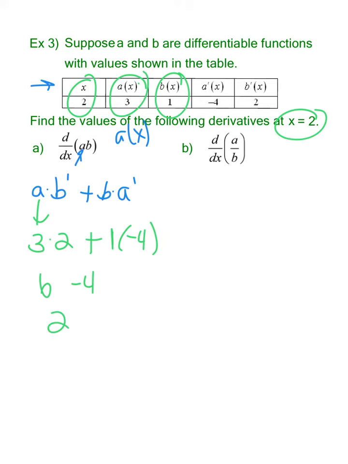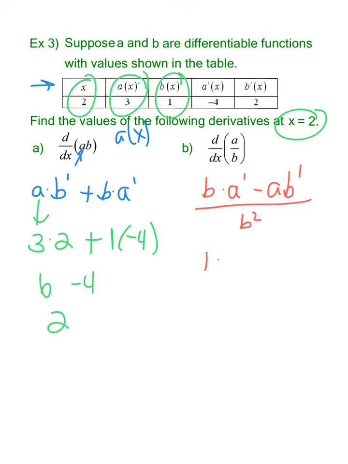Here they're asking us in letter B to use our quotient rule, obviously. So the quotient rule is low times the derivative of the top minus high times the derivative of the low all over low squared. So again, we're just trying to find our values. So the value of b at x equals 2, again, was 1.